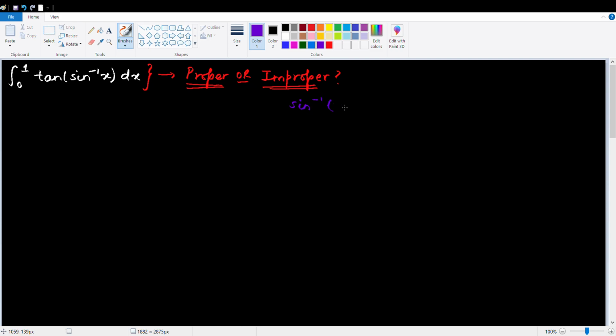sine inverse of 1 is pi over 2, and due to continuity of the sine inverse function, we can at least say that the limit as x tends to 1 from the negative side, because we cannot take values outside of this interval to define the sine inverse function, of sine inverse of x is pi over 2.